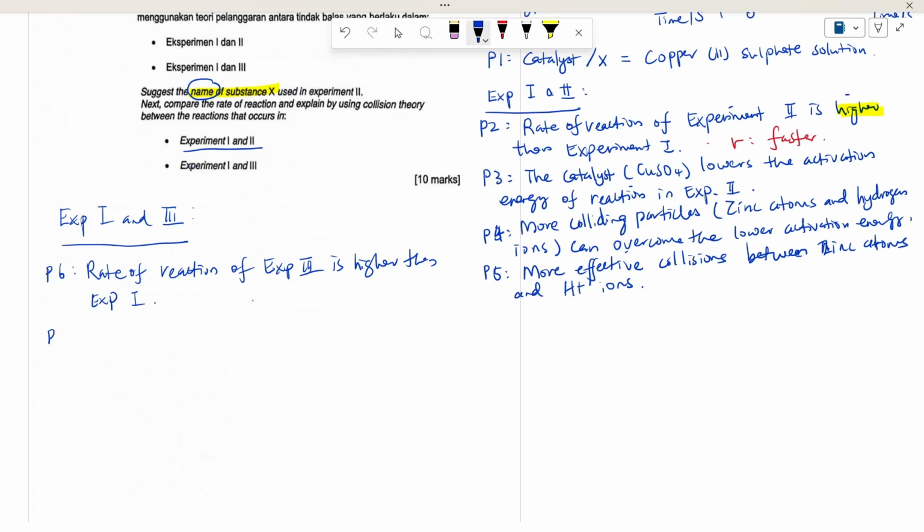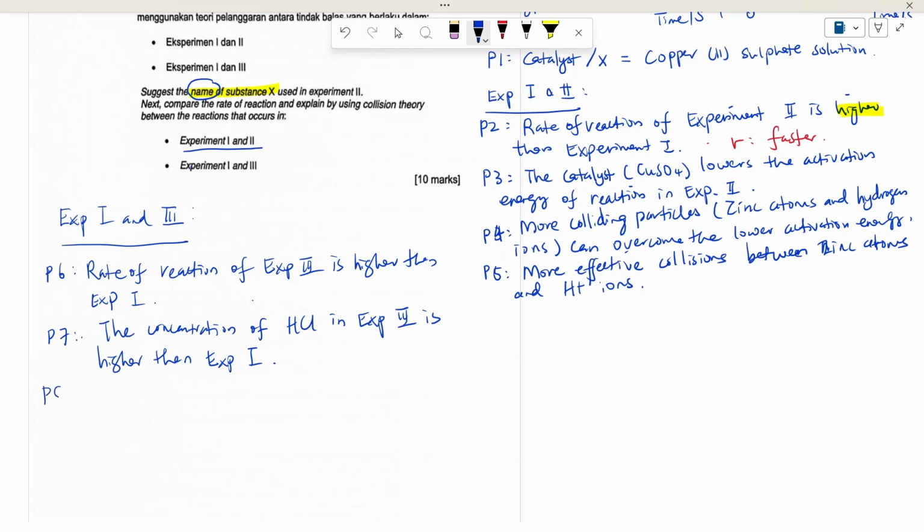We have to explain why. Because of the concentration: the concentration of hydrochloric acid in experiment 3 is higher than experiment 1.